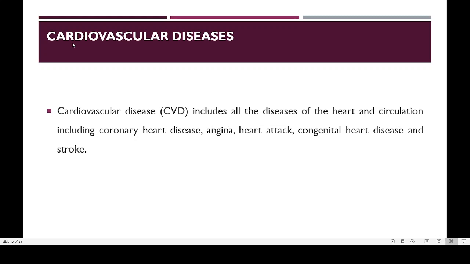Cardio means heart and vascular means blood vessel. So any disease which is affecting your heart or your blood vessels is known by the name cardiovascular disease. Angina, heart attack, congenital heart disease, stroke, all will be coming under the cardiovascular diseases.